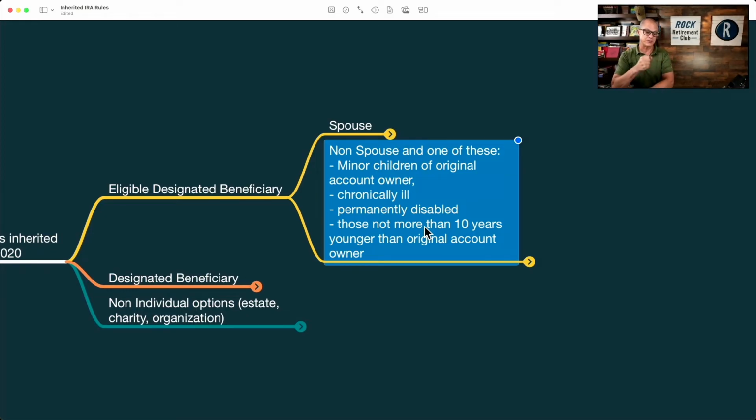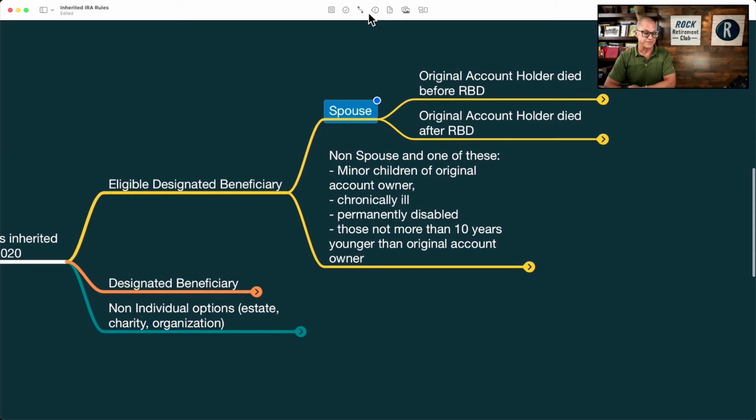So that's going to be considered an eligible designated beneficiary, EDB. You can see how this gets complicated. So let's start with the spouse. Let's go ahead and focus there.